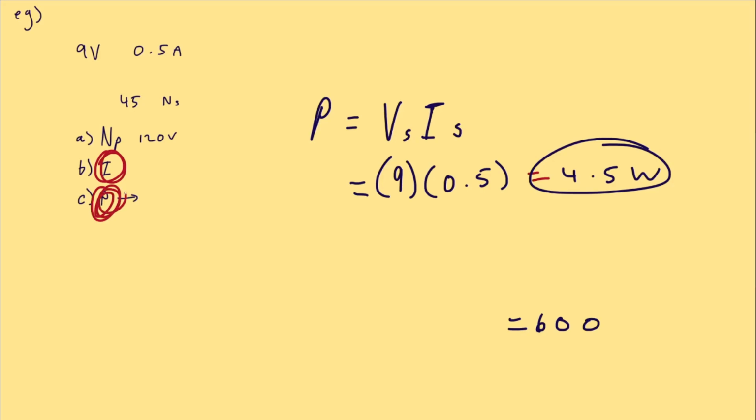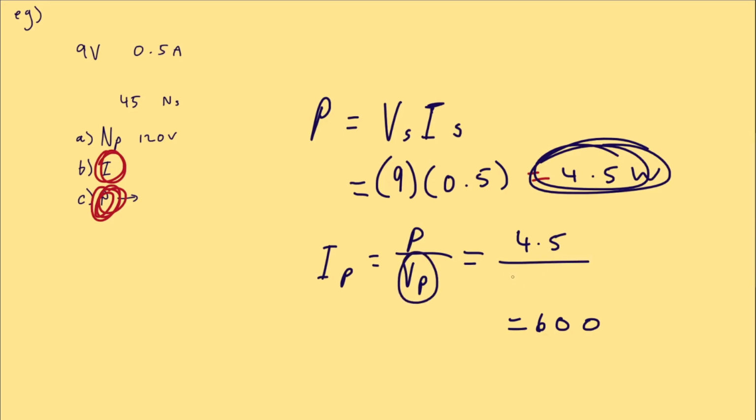And there we find power. But now with power, we're able to find current flowing through the primary coil. Because the current that flows through the primary coil is equal to power over the voltage in the primary coil, which is simply this power equation but rearranged to isolate current. This is 4.5, which is the power in our transformer, over the voltage coming through, 120, giving us 0.0375 amps.